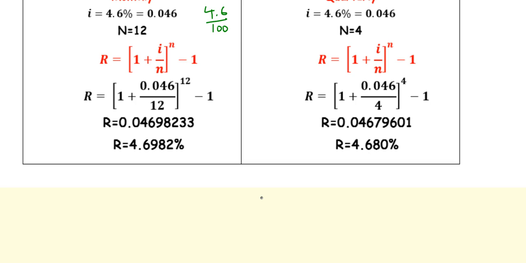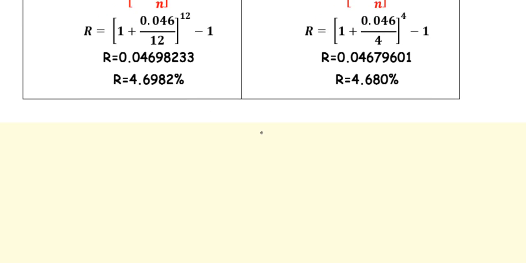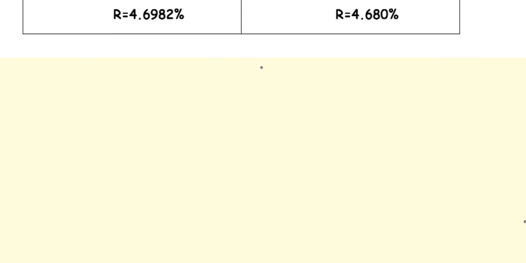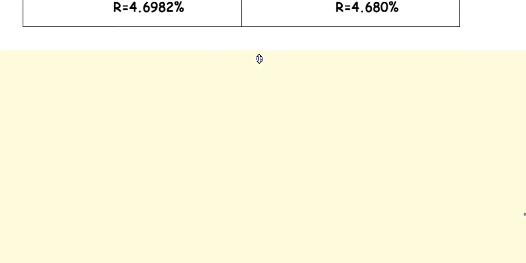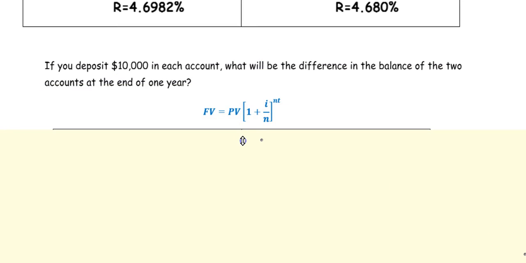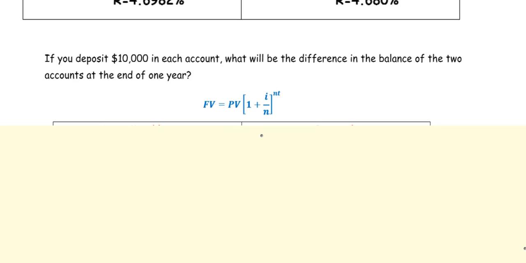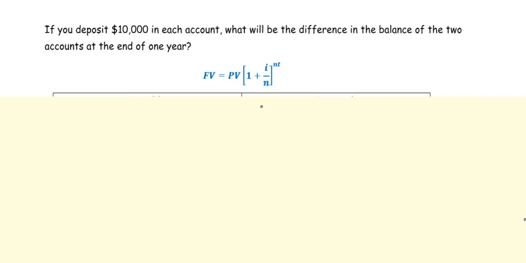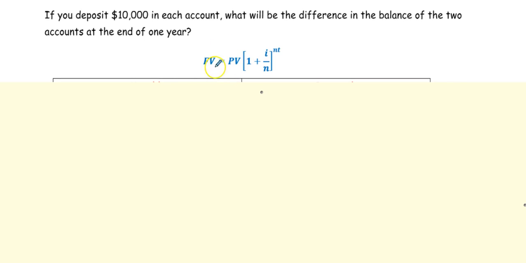Now in the second part, you are looking at a deposit of $10,000. When you deposit this $10,000 in each of those, what is the resultant amount at the end of the year? How much is your balance going to be? Once again, we have a formula for the future value. Future value is equal to present value times 1 plus i over n, whole to the power of nt.